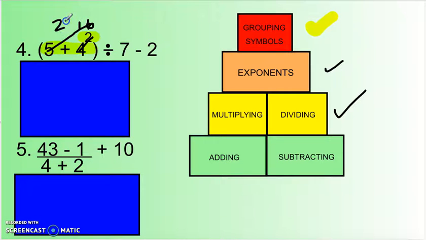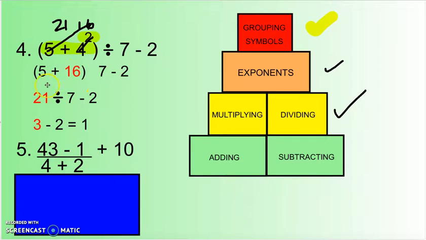So I am going to reveal this. So this is what we've done so far. We did grouping symbols first. So 4 to the 2nd power is 16, added 5, we got 21. And now, since the grouping symbols are all done, we go back through again.